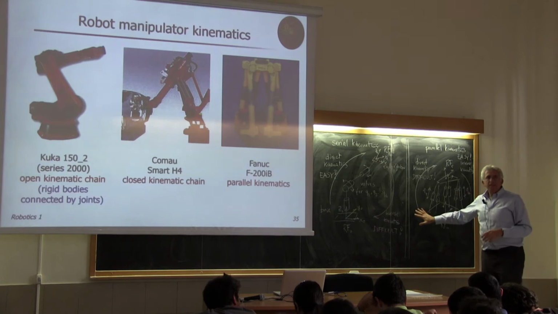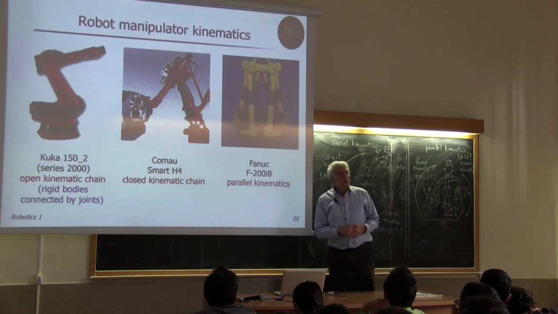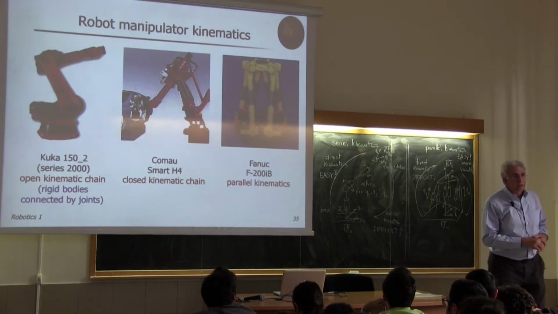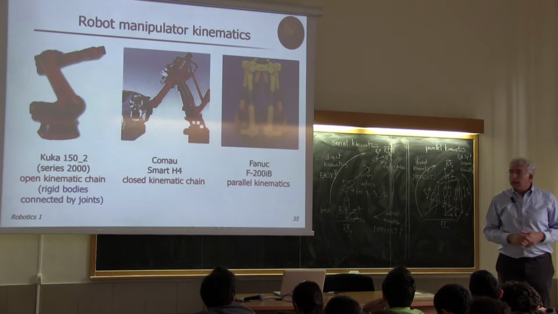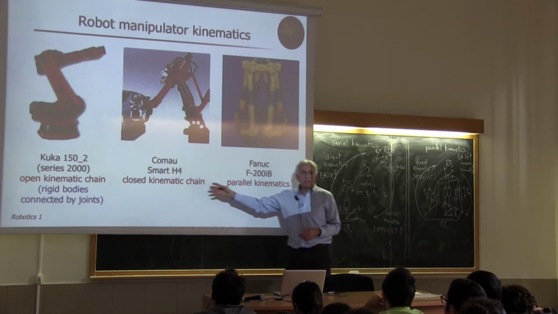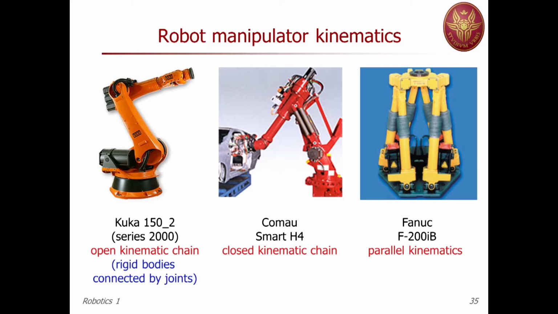But having said this, we will leave this situation on the side and focus on the large majority of robots kinematics which have this open kinematic structure. And if there are, in fact, there are often some closed kinematic chain, from the kinematic point of view, we will remove the closed chain and handle the robot as if it's purely serial.